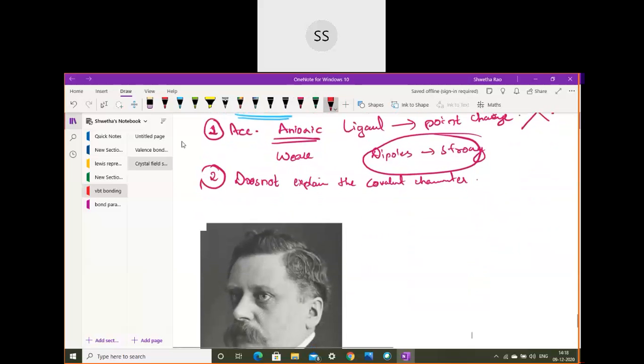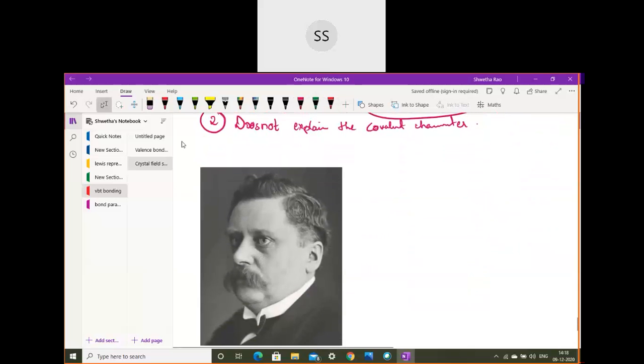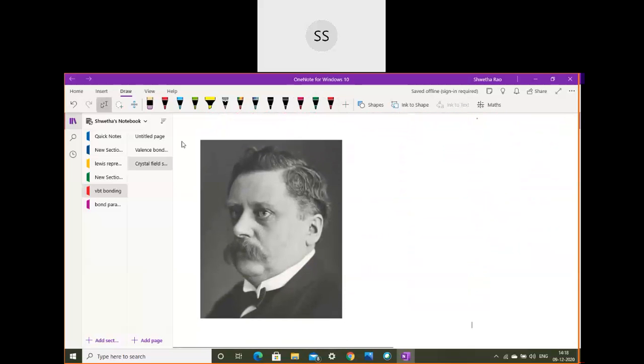Now I'm going to the next concept, again an important one, but an outdated concept, that is Werner's theory, which was given by the scientist Alfred Werner.